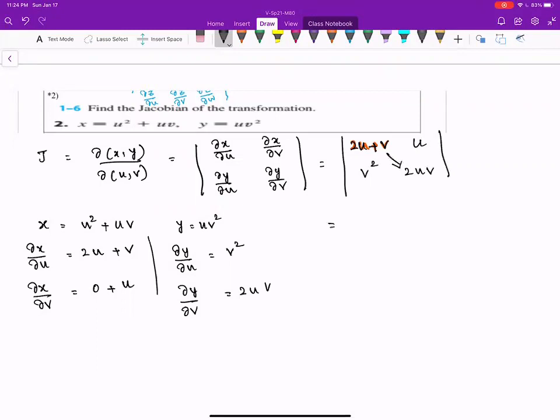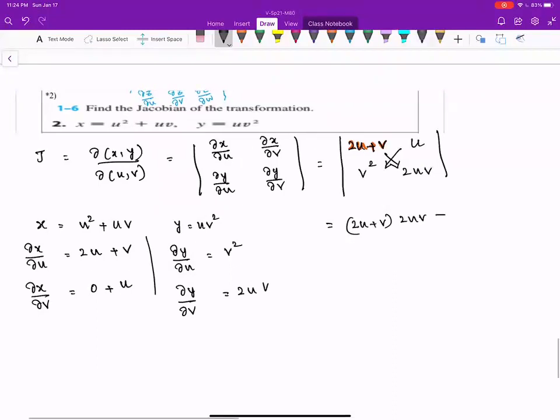Then if you multiply across and subtract, so 2u plus v times 2uv minus uv square, which is 4u square v plus 2uv square minus uv square. So it is 4u square v plus uv square if you combine like terms. That is the Jacobian.